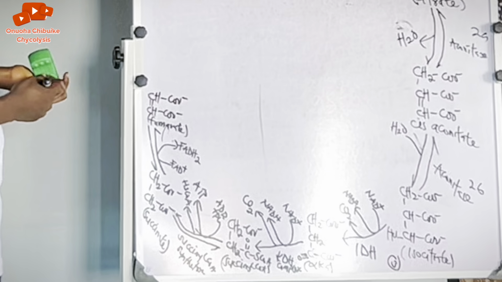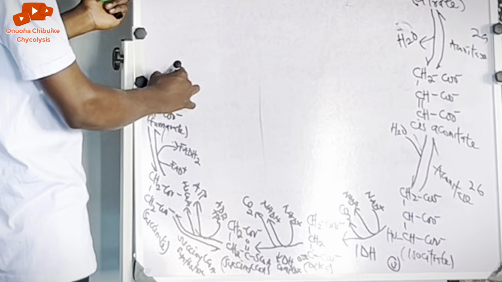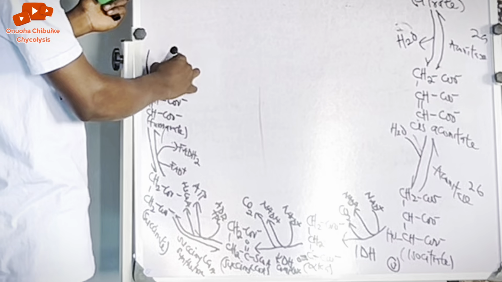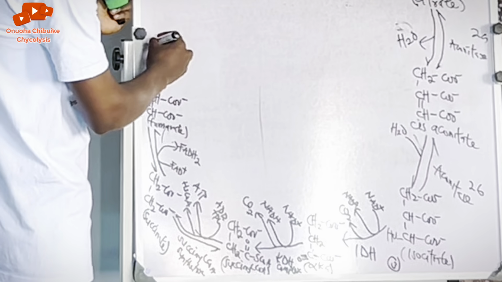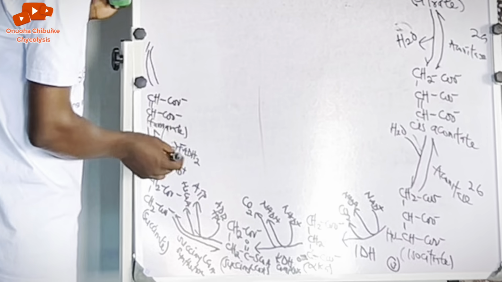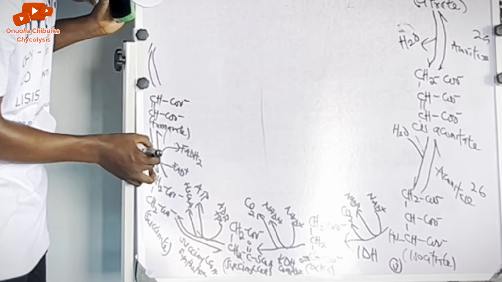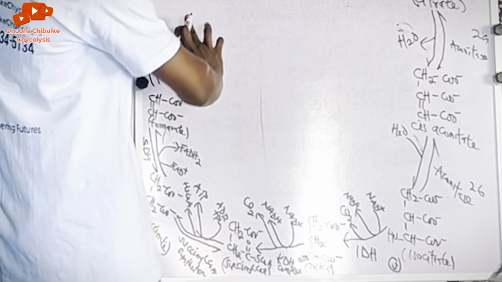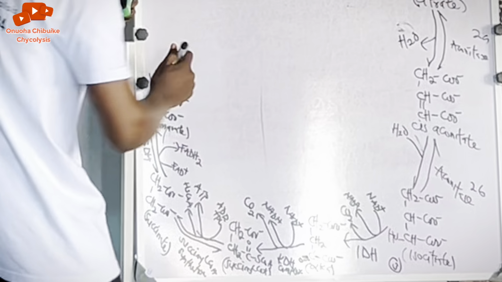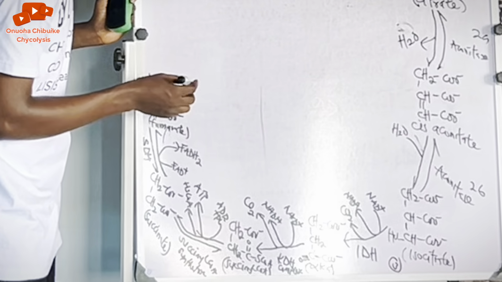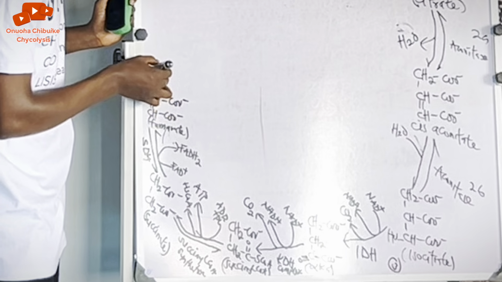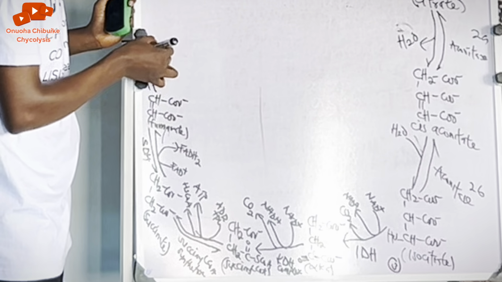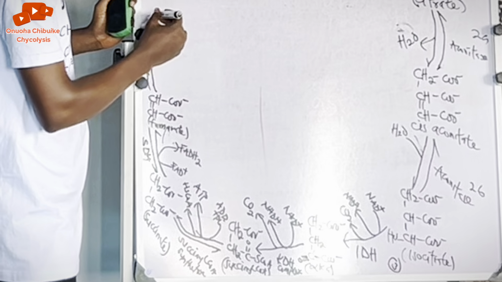Fumarate. Step 7 is the hydration. The enzyme in step 6 is succinate dehydrogenase. Step 7 is the conversion of your fumarate to malate.